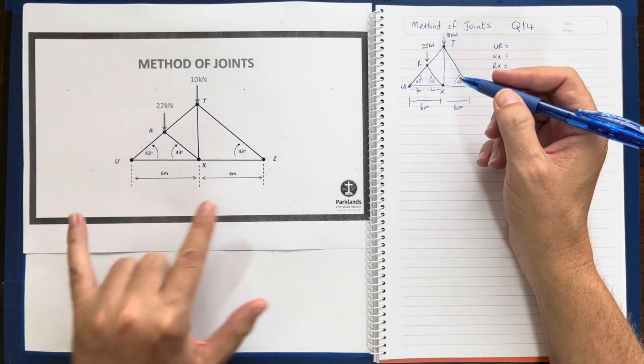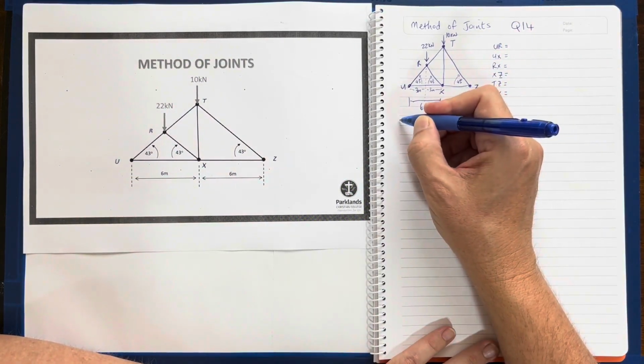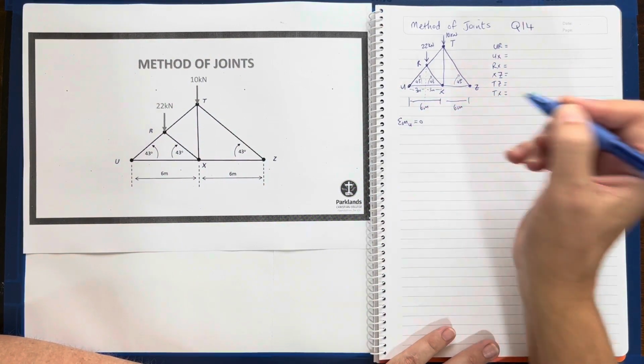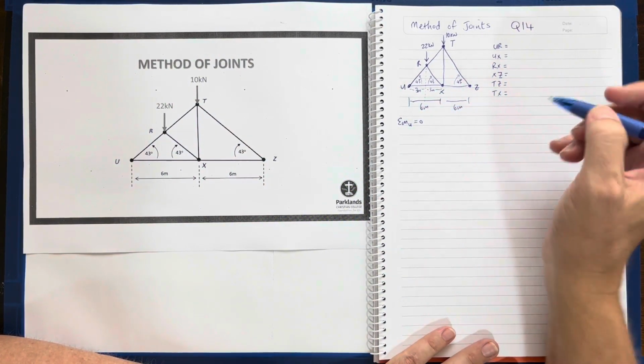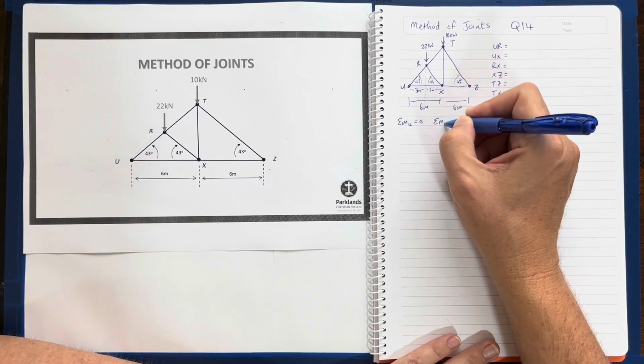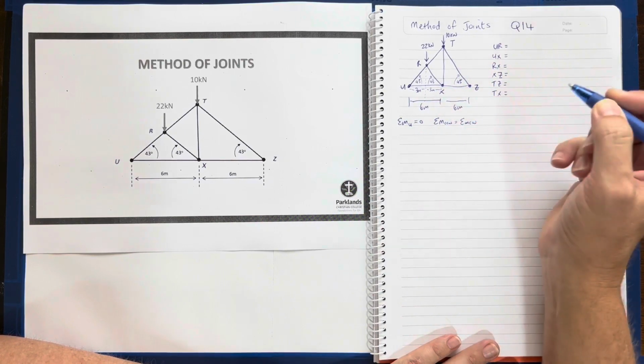Before we do that, we need to work out what the reactions are. And so what I do is I take moments about the first support, being U. Moments about U equals 0. And I'm going to say sum of my moments counterclockwise equals the sum of my moments clockwise.